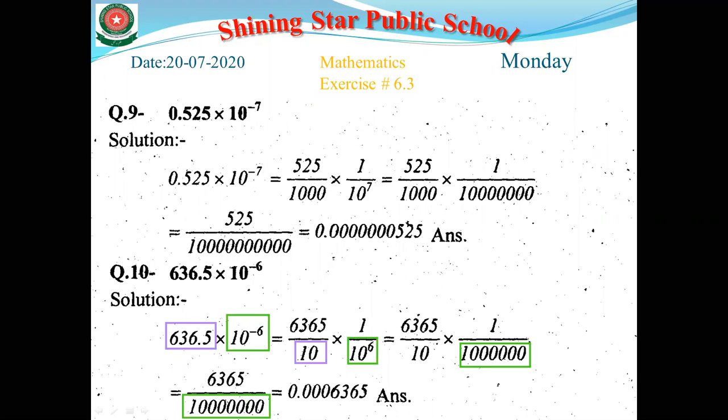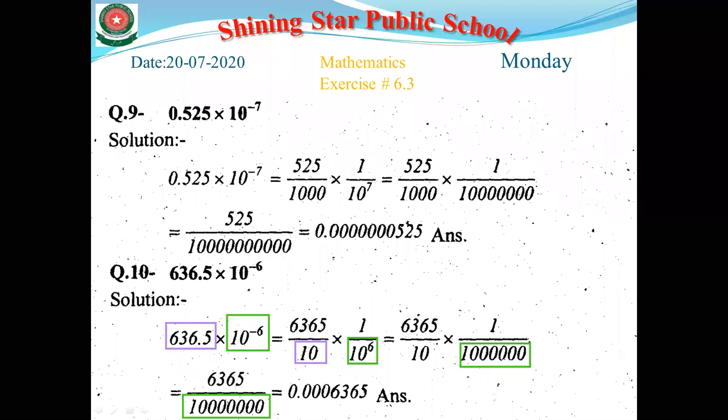Now if we have 7 zeros in the denominator, we must have in the answer after the point 7 digits. Again, I repeat this. If we have 7 zeros in the denominator, we must have 7 digits after the point in our answer.